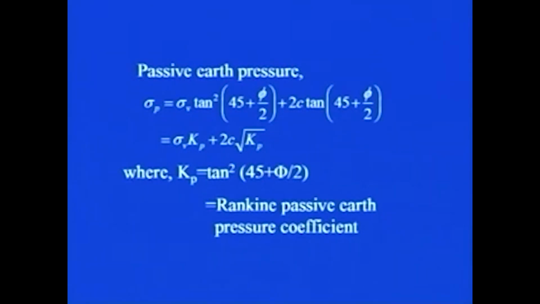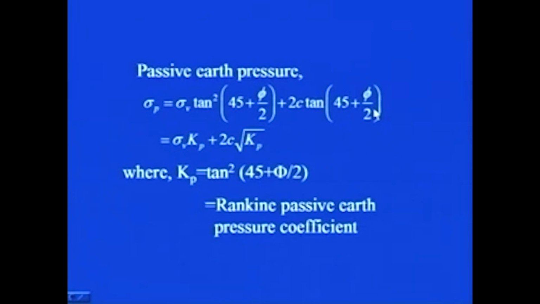In that, the major principal stress was sigma p while the minor principal stress was sigma v. So, as we did in the case of active earth pressure, in the case of passive earth pressure you have to follow similar lines, and then you will get this expression for the evaluation of passive earth pressure, which is equal to sigma v tan square (45 plus phi by 2) plus 2c tan (45 plus phi by 2).